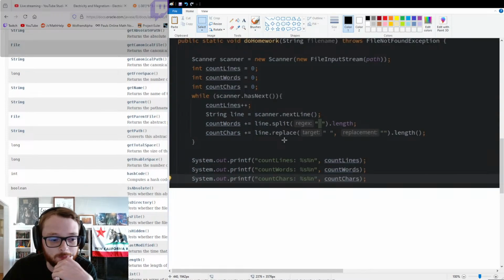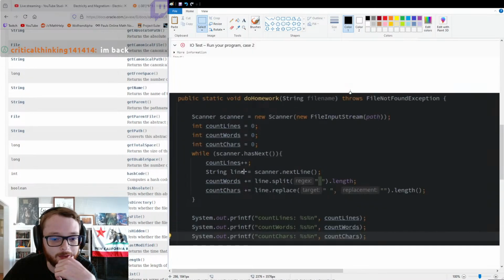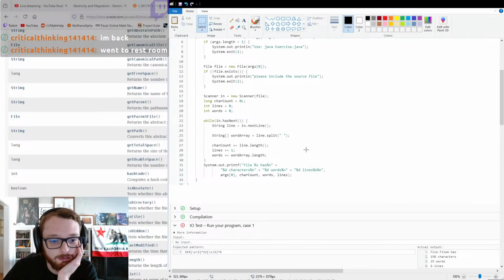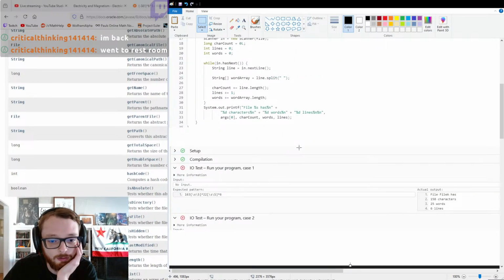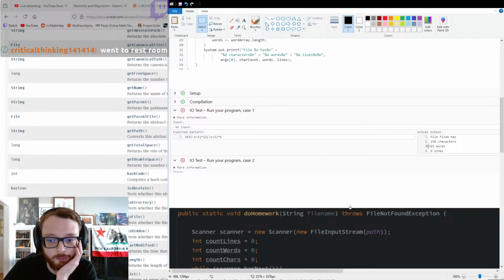I just don't know, Critical. You're back? Oh. Well, I can't compile this file. I don't have an environment set up to run Java code. And I just don't see what's wrong with this code. And in this website, you can't properly troubleshoot code. I don't know how it's possible that we're undercounting the characters and overcounting the words.